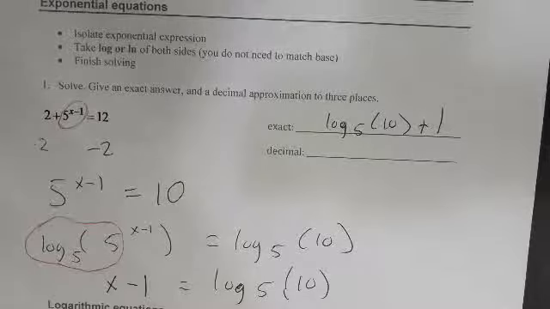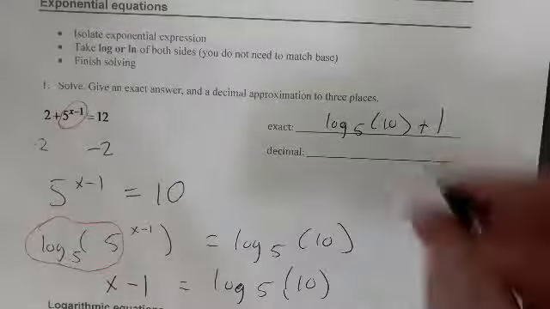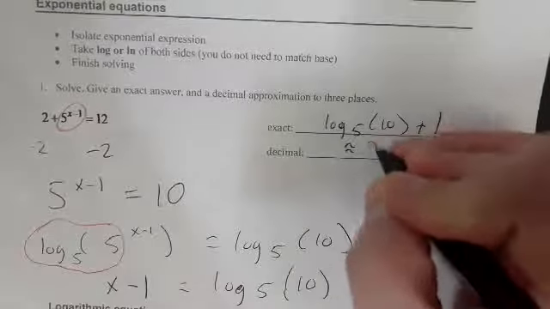So we're using the change of base and adding 1 to it. When we do change of base, it's going to look like log 10 over log 5, which gives me somewhere around 1.43. I'm going to add 1 to it. It's going to give me somewhere around 2.43, and we want to round it to 3 decimal places. So it's about 2.431.